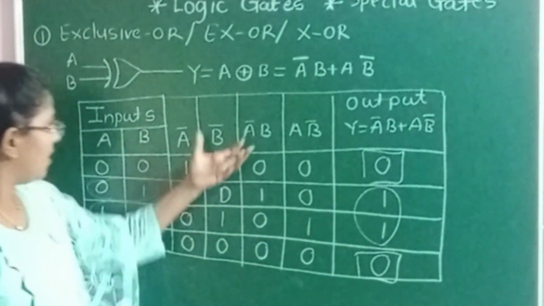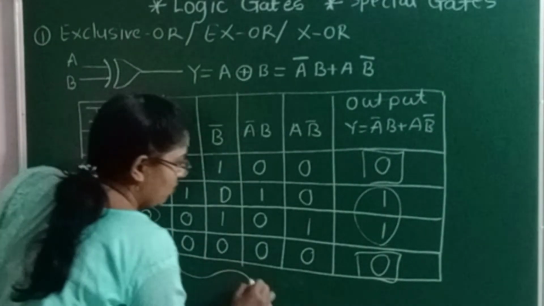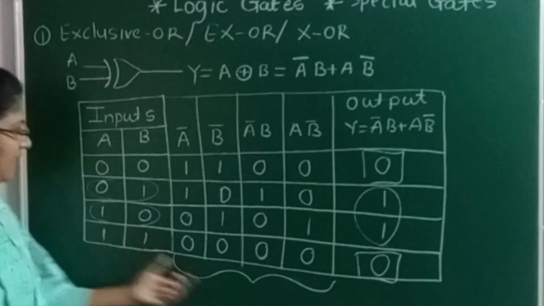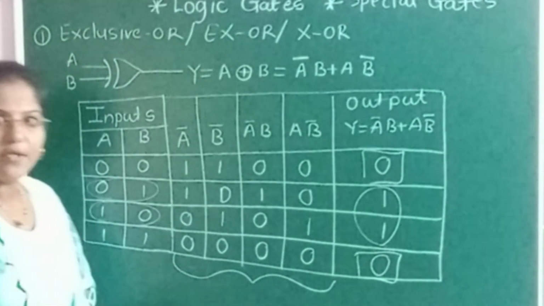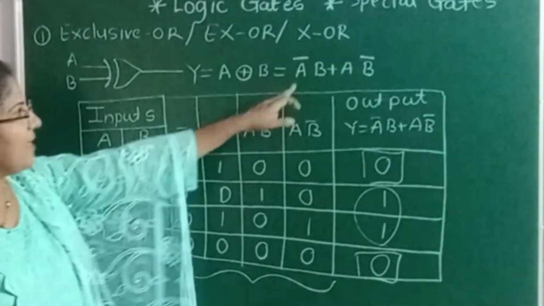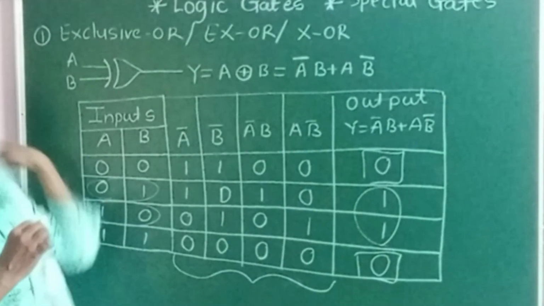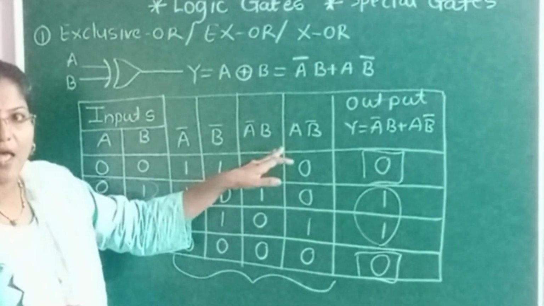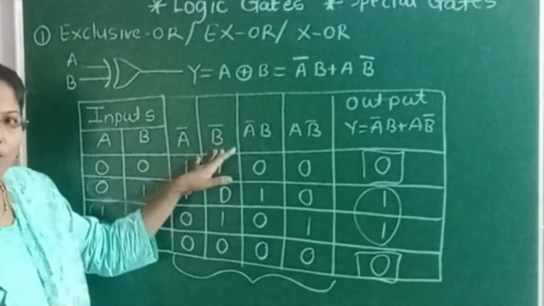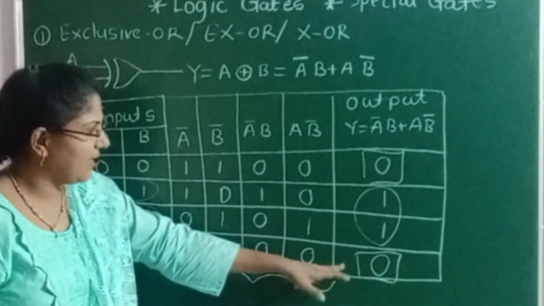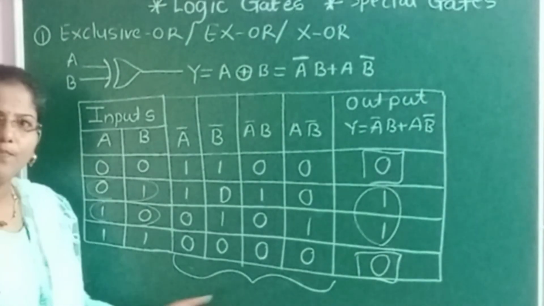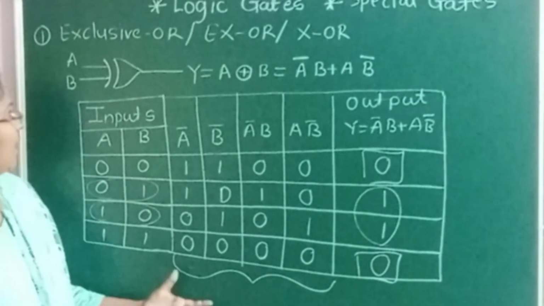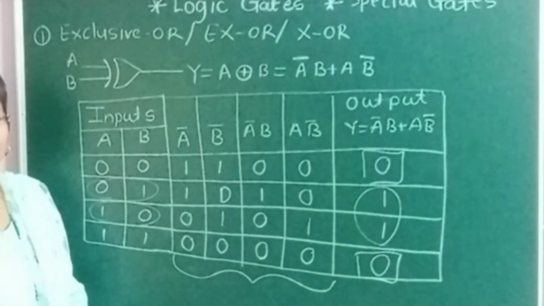So you can avoid writing these four columns. But suppose the expression is given like this and you need to find out the final output, then you have to show all these things. And in case you don't know what the output of the XOR gate is, simply you can follow all the steps. So this is about the exclusive OR gate.